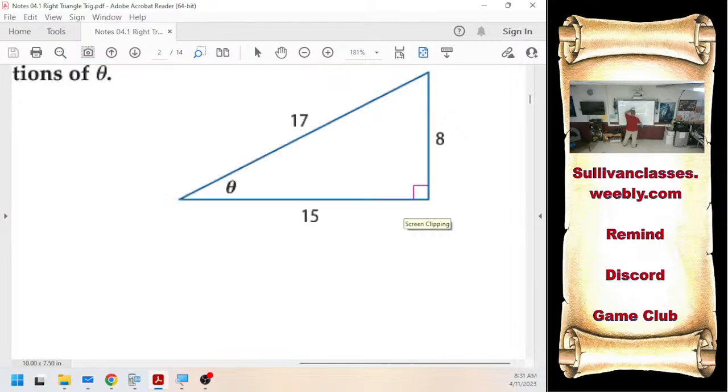The most commonly used ones are 3, 4, 5, 5, 12, 13, and 8, 15, 17. And then there's one with 20s. 20, 21, and... Oh, is that the third one?